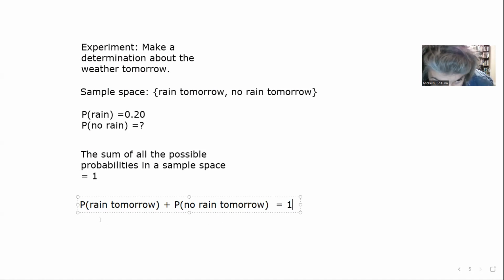So what do we know the probability that rain tomorrow is? Well, they gave it to us, it's 0.2, right? We don't know what the probability of no rain tomorrow is. Let's call it X, just for the sake of example, right? That's equal to 1.